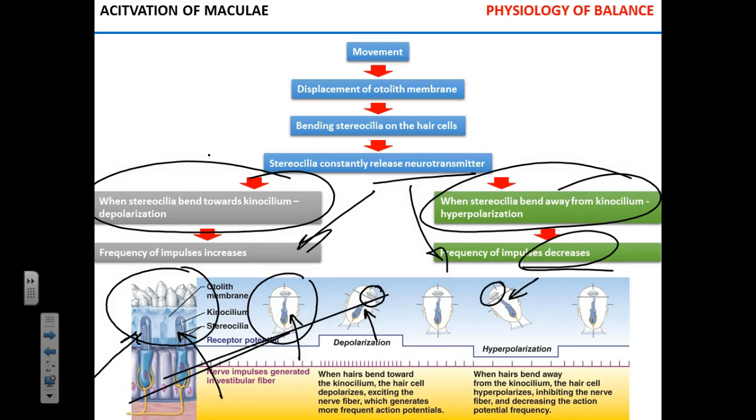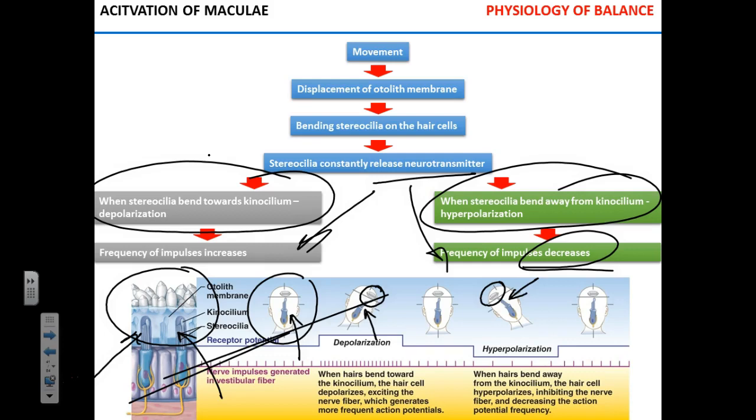Does it make sense? Let me ask you a question. How many inner ears do I have? Two. So if I tilt my head to the left, in one ear, hair cells in the macula will depolarize.